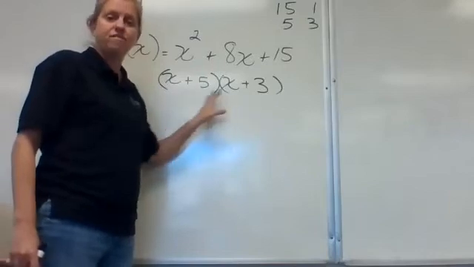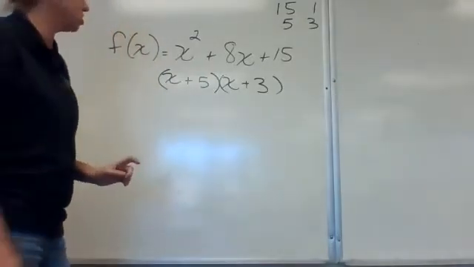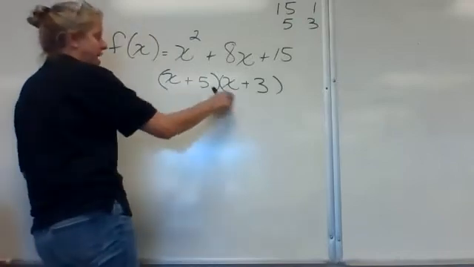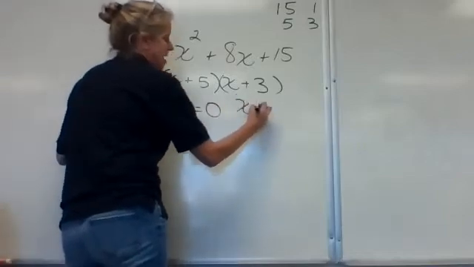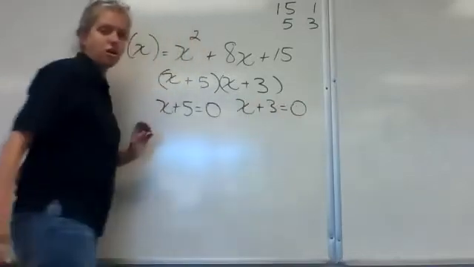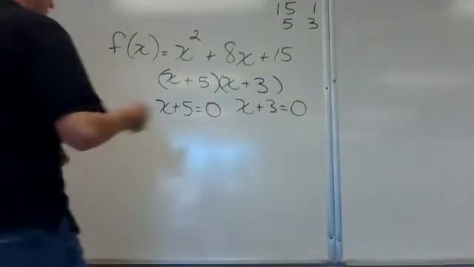Sometimes they already had it factored for us and asked us to find the zeros, which is good because in order to go from the factors to the zeros, all we had to do was set the factors equal to 0 and solve them for x to find the x-intercepts.